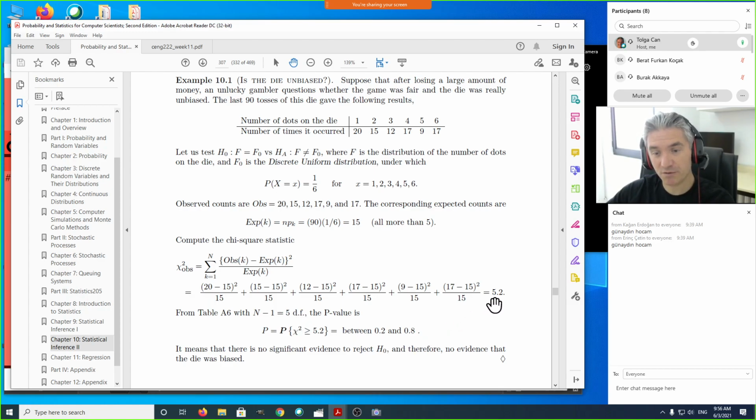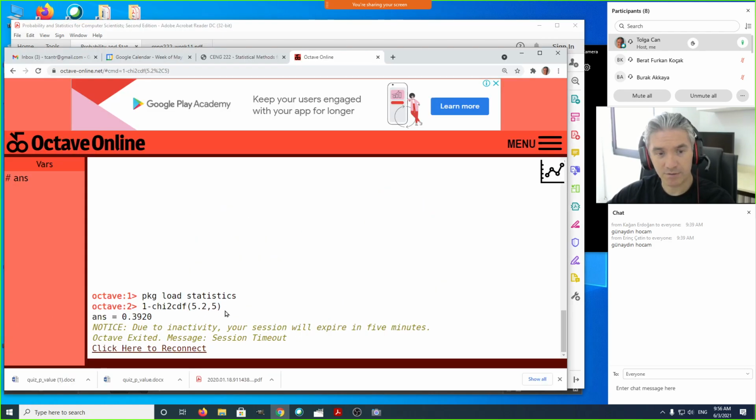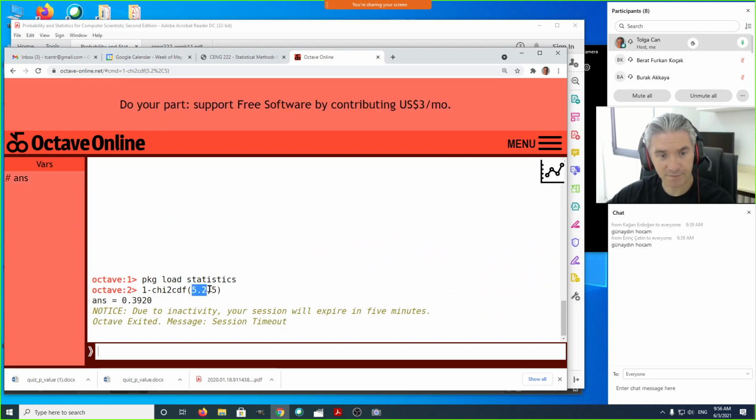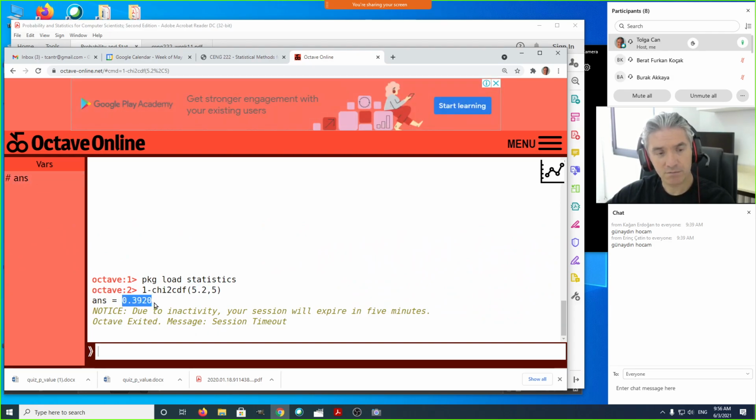So with 5 degrees of freedom, the value of 5.2, if you look at the table in the appendix, Appendix A6, falls in between 0.2 and 0.8. And if you use Octave online to find the exact value, with 5 degrees of freedom, it's 0.39. So the p-value is really high here.